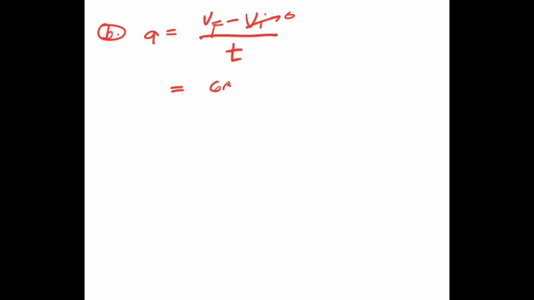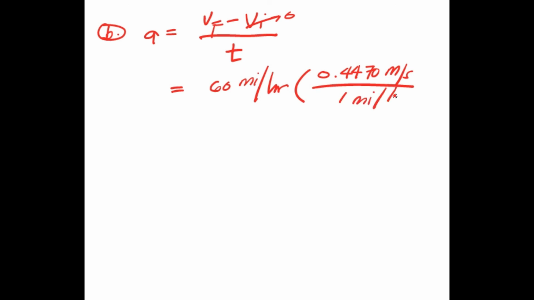The final velocity is 60 miles per hour multiplied by our conversion factor, 0.4470 meters per second per 1 mile per hour, all over 0.6 seconds.